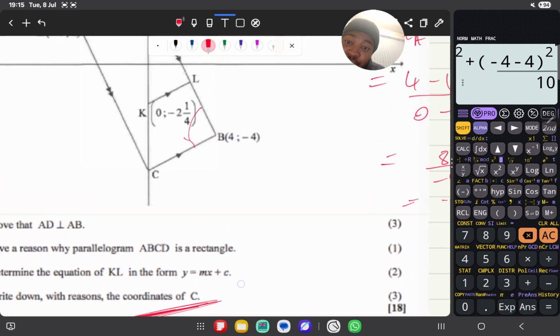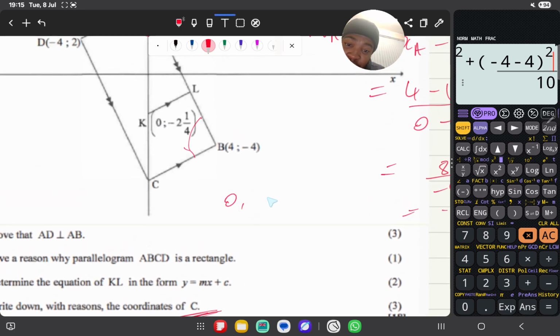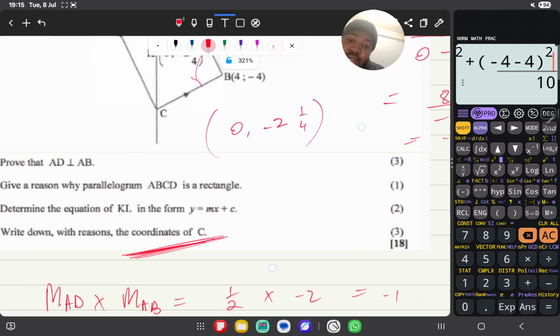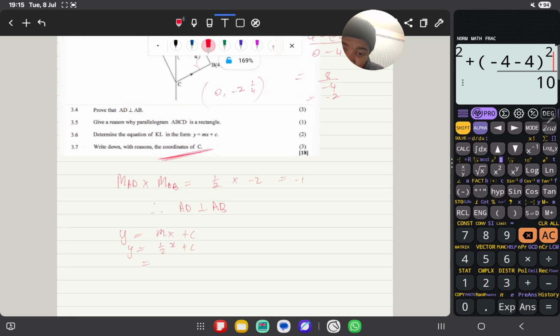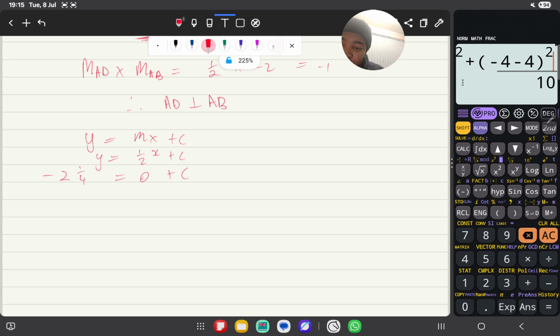And then we're going to use this point, (0, -2 1 over 4), to substitute. So what is x? x is 0. So here you're going to have 1 over 2 times 0 plus c, and then y is minus 2 1 over 4, therefore c equals minus 2 1 over 4.